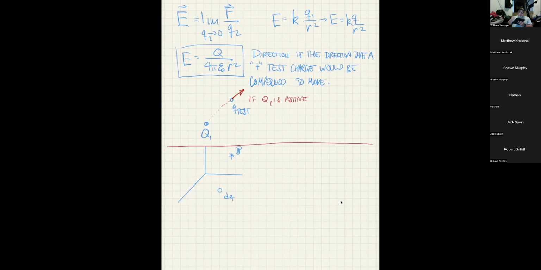Now, in principle, there is a vector that points to P from the origin, and I'll call that R sub P. There's also a vector that points from the origin to dq, and I'll call that R sub dq.